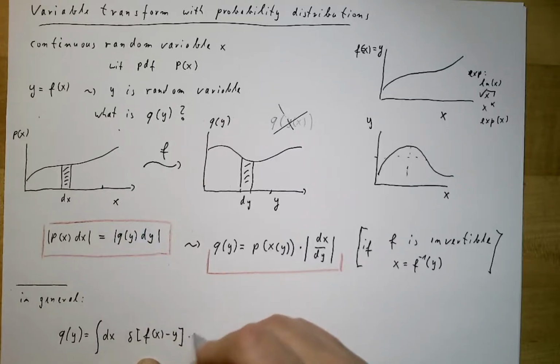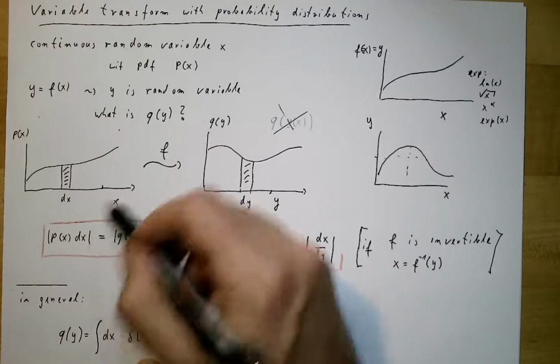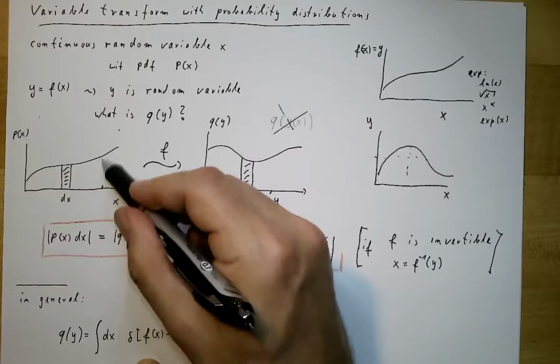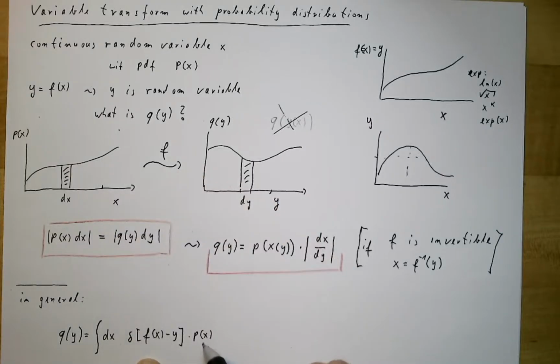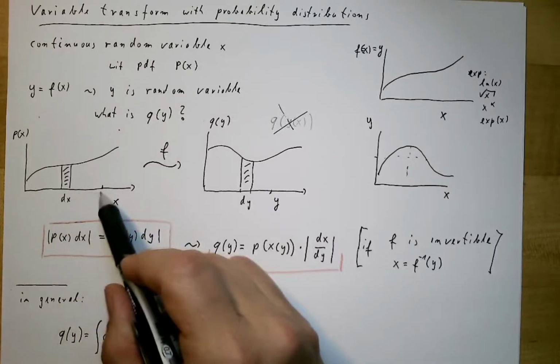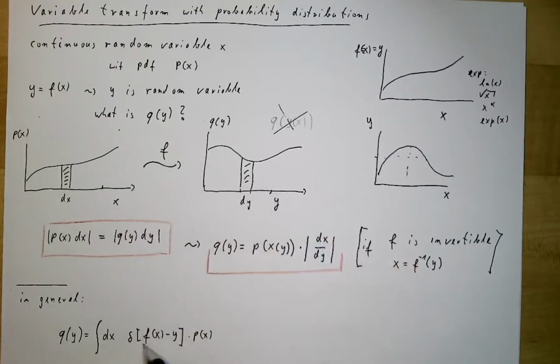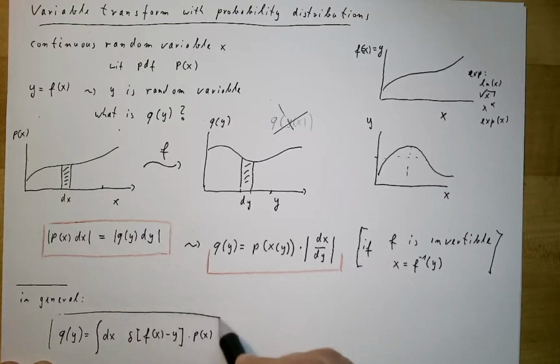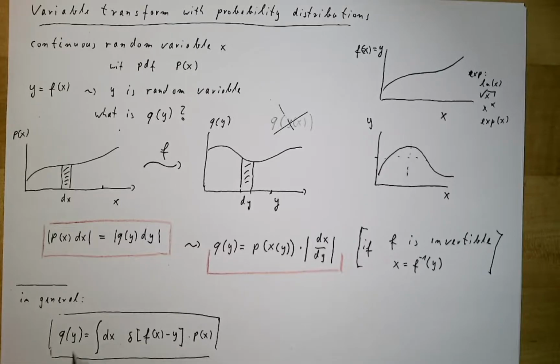We have to weight by the density p of x of this x value, and then we multiply by this delta function to make sure that from all these x values only those are selected for which f of x equals y. So this is the general formula.